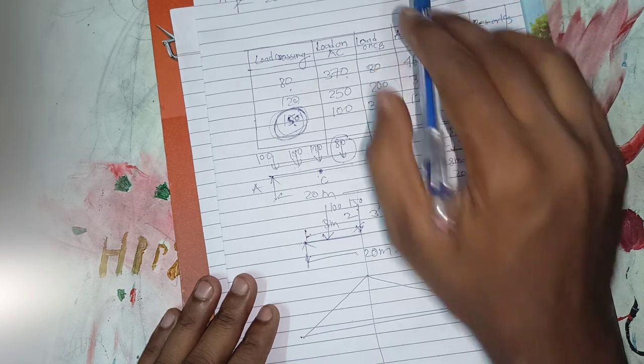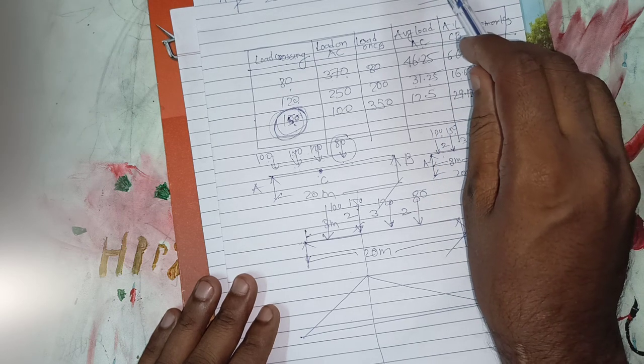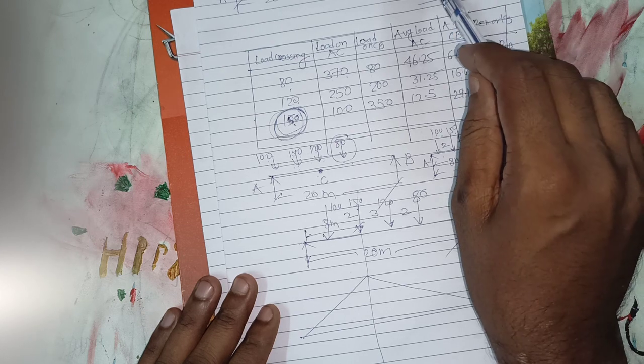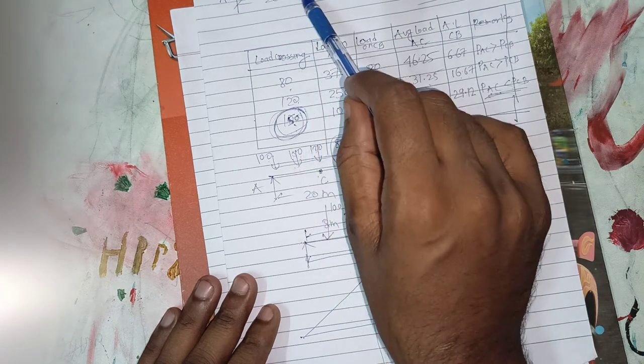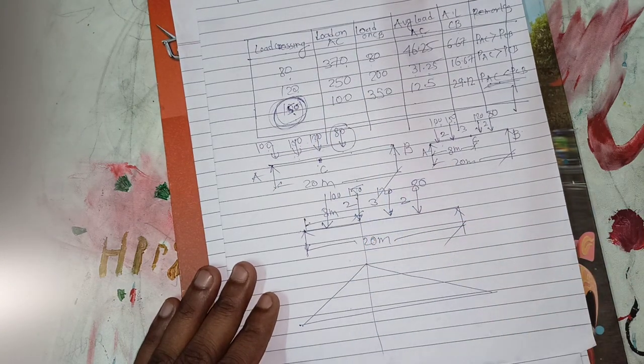So we have to decide, out of this train of loads, the effect of which load is more predominant, so that the maximum bending moment will be produced at 8-meter distance at point C. So we got the point, this 150 kilonewton.